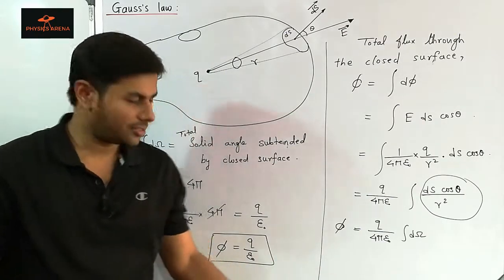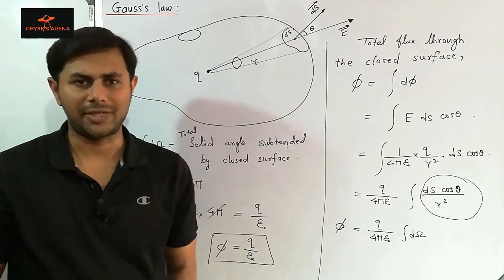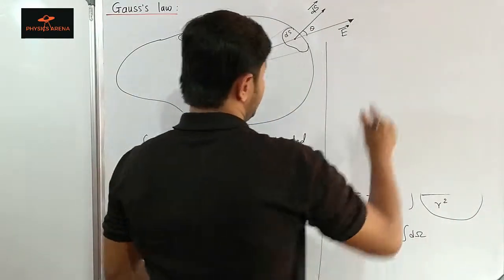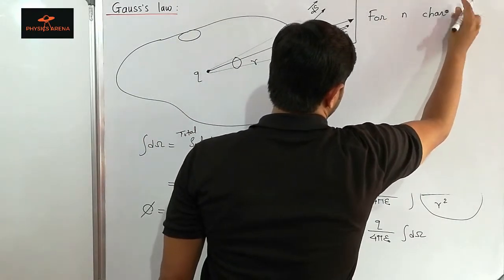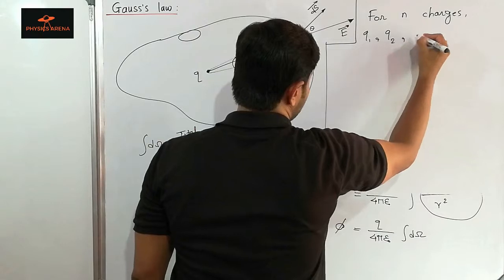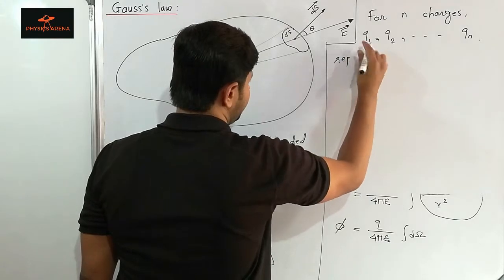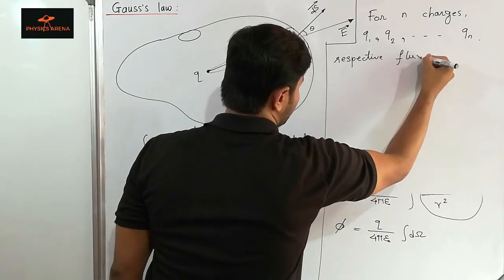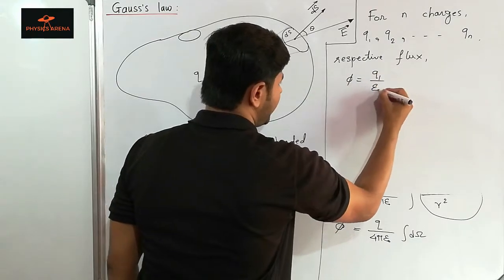Okay, now this is the flux due to one charge q. So what if there were n number of charges? So I can say for n charges, q1, q2 up to qn, the respective flux is phi 1 equal to q1 divided by epsilon naught.